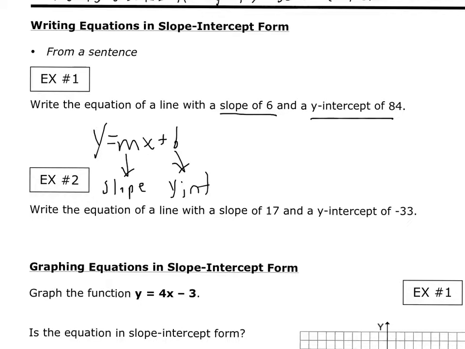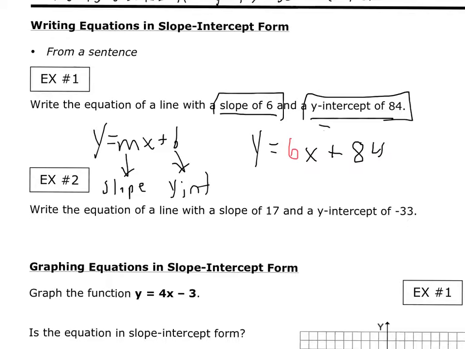So we simply want to plug these values in for slope and y-intercept into our equation. Remember our slope is 6, so we have 6x, and then our y-intercept is 84, so we put a positive 84 in there. That would then be our equation of that line.